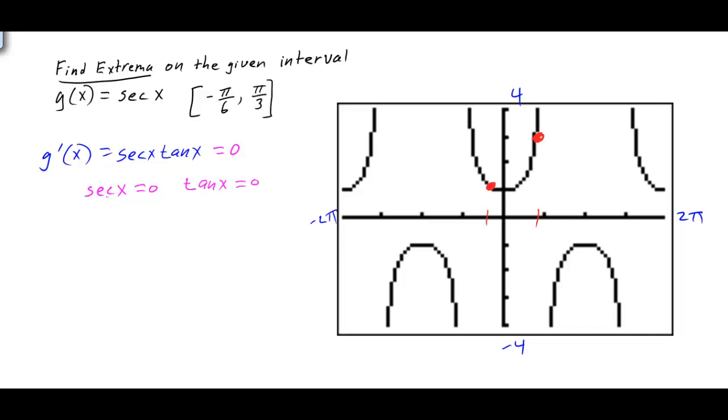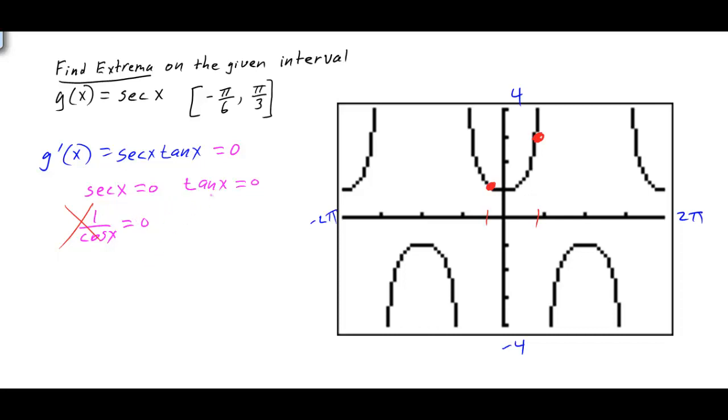Now the secant x, remember, that's the reciprocal of cosine, so that's 1 over cosine x. And 1 over cosine x, is it possible for that ever to equal 0? The answer is no, because 1 divided by a number will never equal 0, so we can ignore this piece because x will never make this part 0.